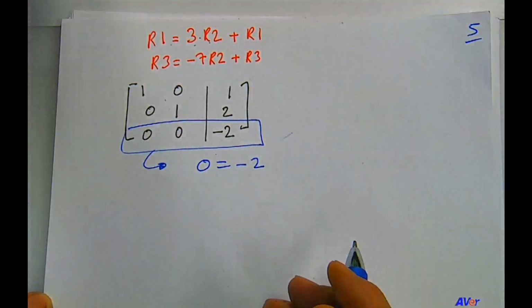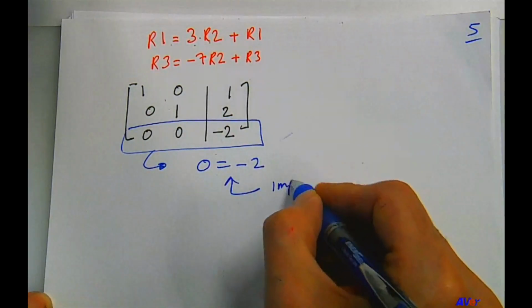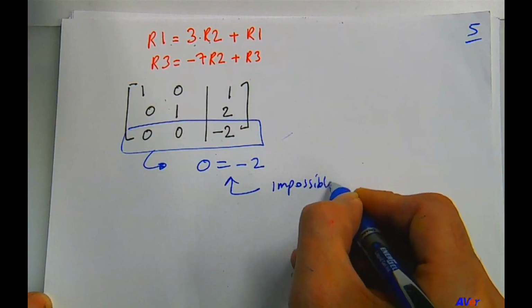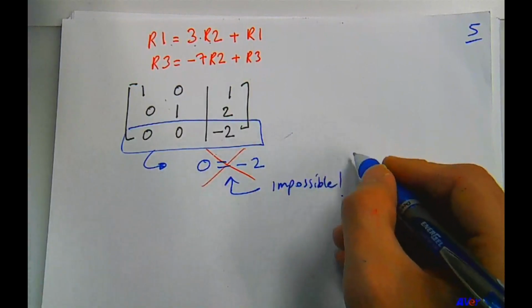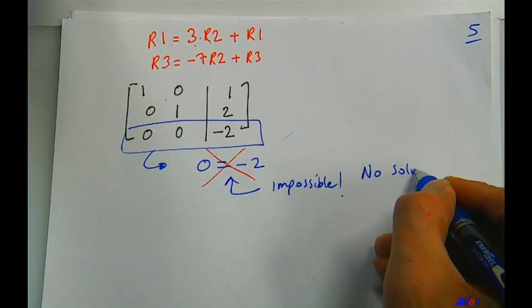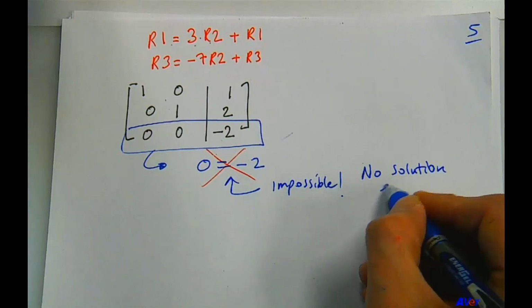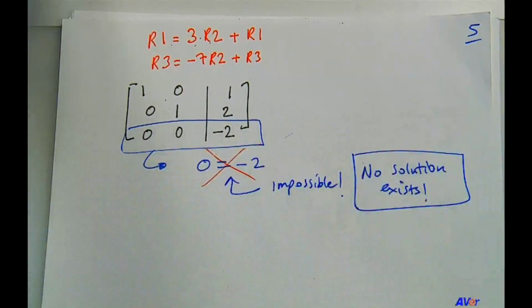Is that possible? No. So because this is impossible, this system has no solution. So we can say no solution exists. And we stop there.